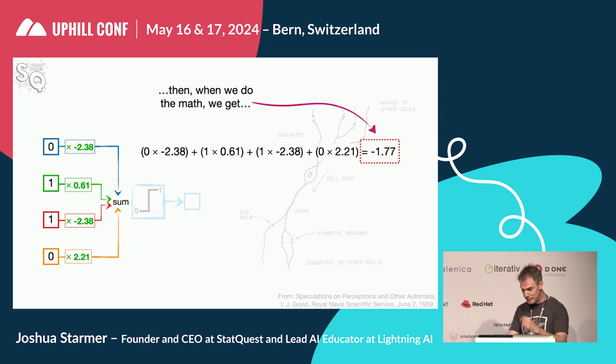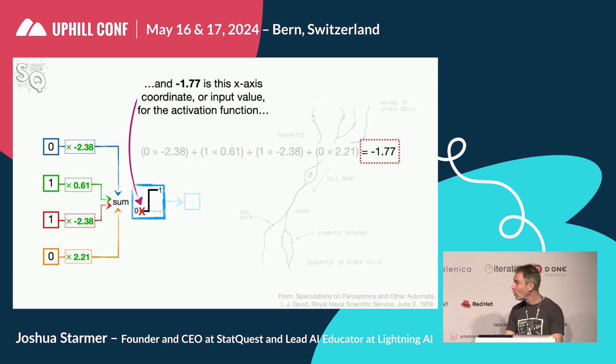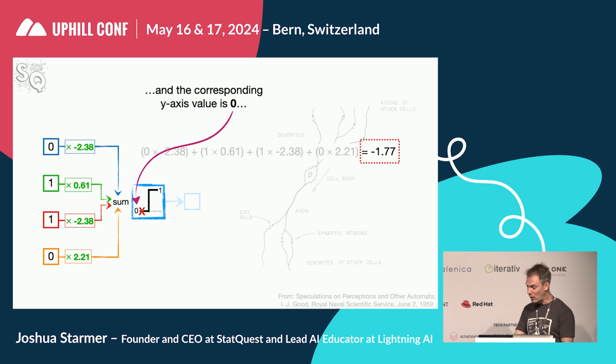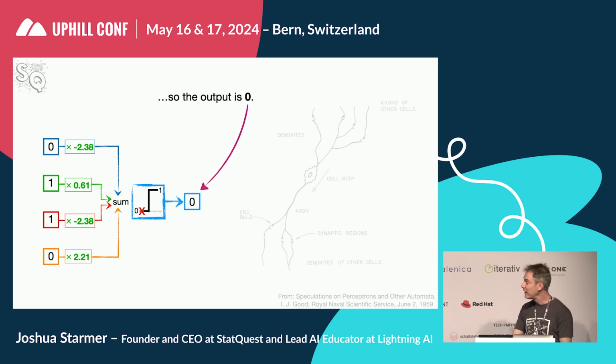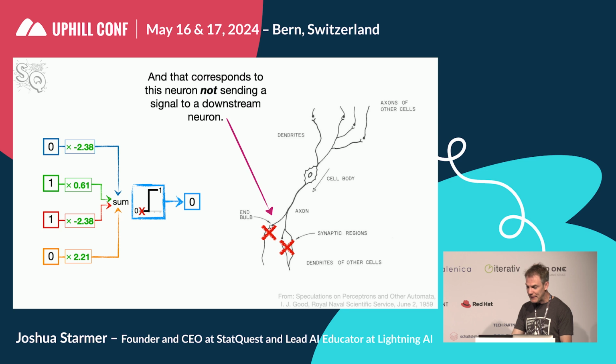Beep, boop. Negative 1.77. And negative 1.77 is this x-axis coordinate, or the input value for the activation function. And the corresponding y-axis value is 0. So the output is 0. And that corresponds to this neuron not sending a signal to a downstream neuron.